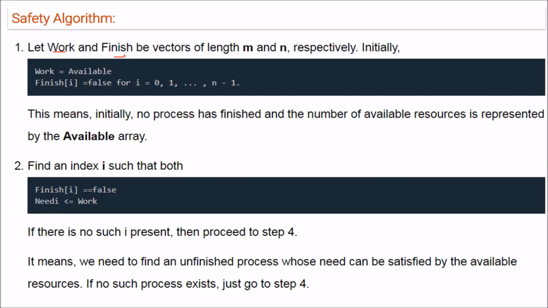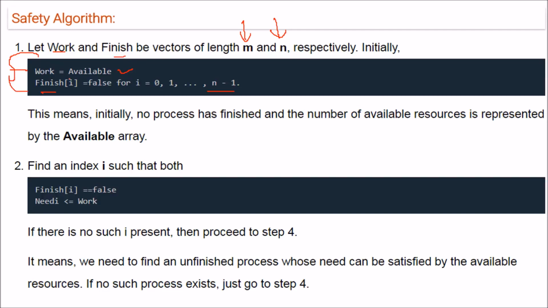Work and Finish: let us assume these are vectors of length m and n respectively. So Work is initialized to Available, and Finish is false for i from 0 to n minus 1.